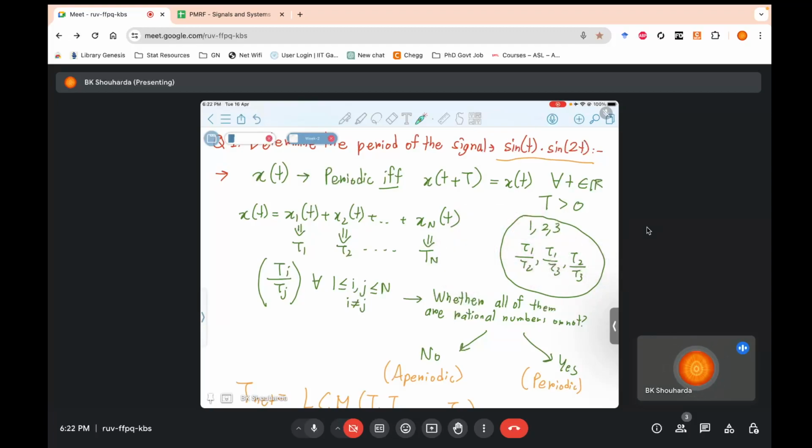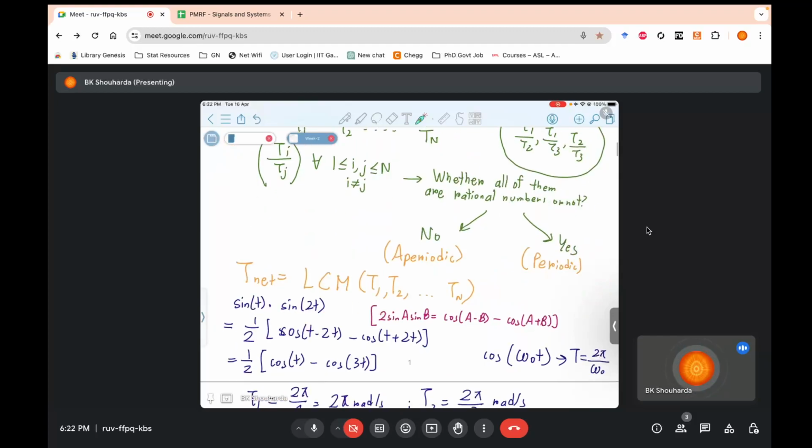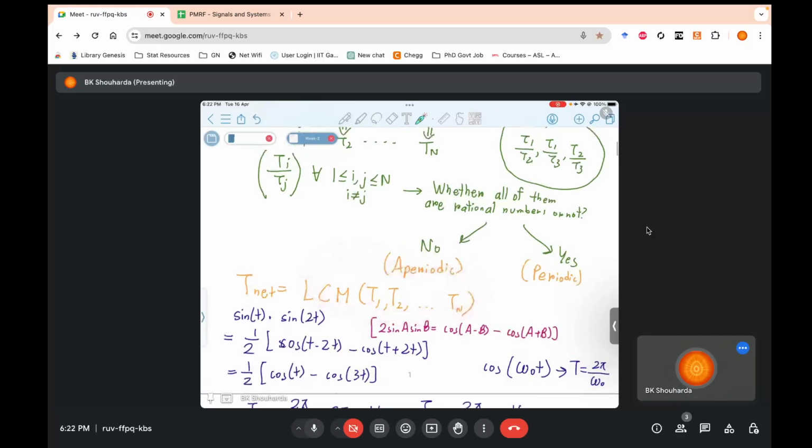So if these turn out to be fractions, then it's periodic. And what is the period? The period is the lowest common multiple of all the time periods of the individual signals. You have T1, T2, Tn, so you take them all and see their LCM, that's the overall time period.